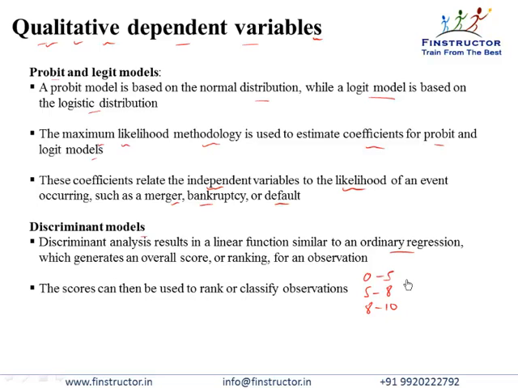Another way of trying to estimate qualitative outcomes with the help of linear regression type models. Nothing detailed is mentioned, just a brief introduction to these two types of models. Basically they want to specify that dependent variables may not always be numerical. Sometimes they can be qualitative outcomes also, and we may need to apply transformations.